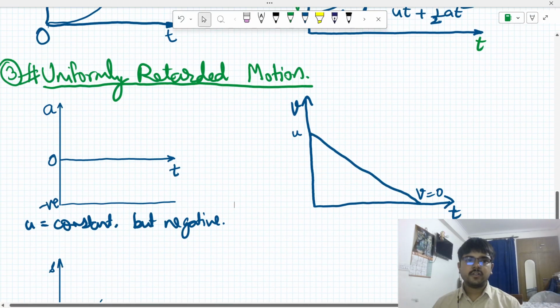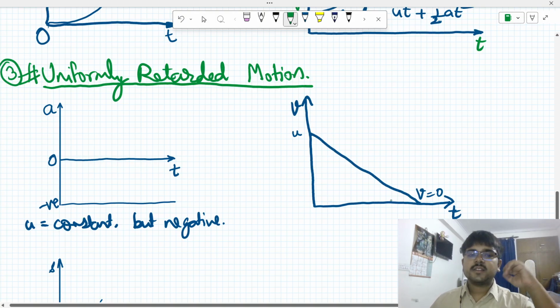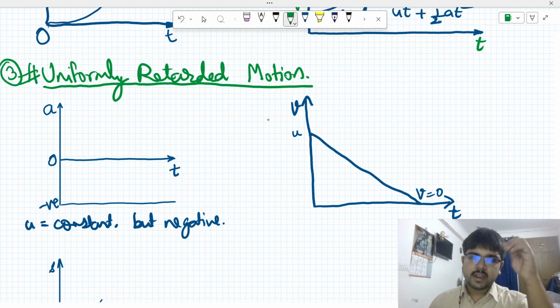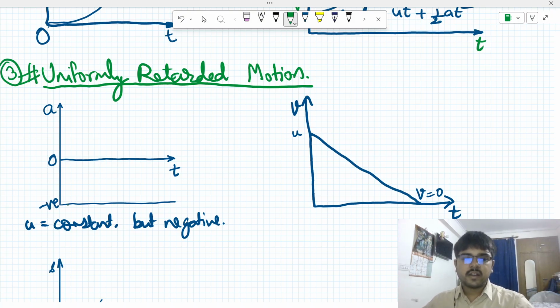Now, in uniformly retarded motion, retarded means that we have a negative acceleration. We are having an acceleration, but it is in the negative direction. I have made a line here. This is the AT graph, this is the 0 point, and we have negative acceleration here, in the negative direction.